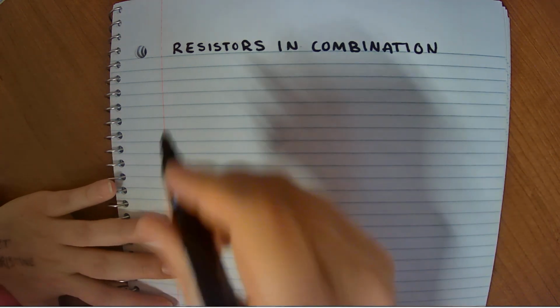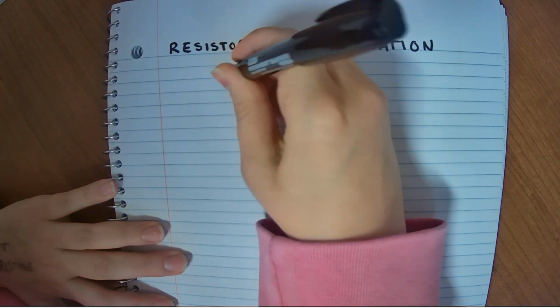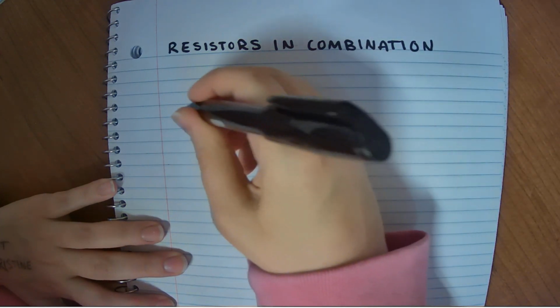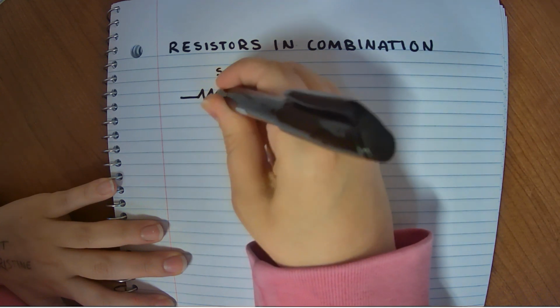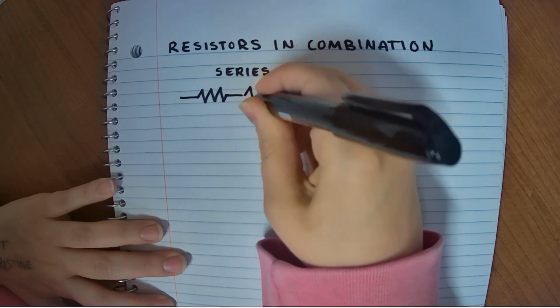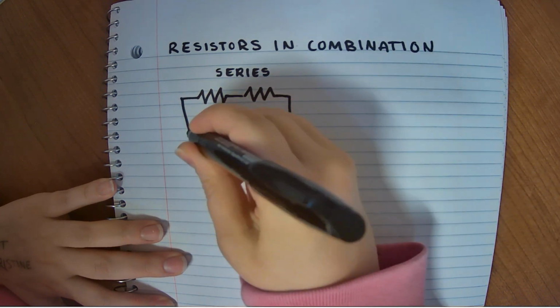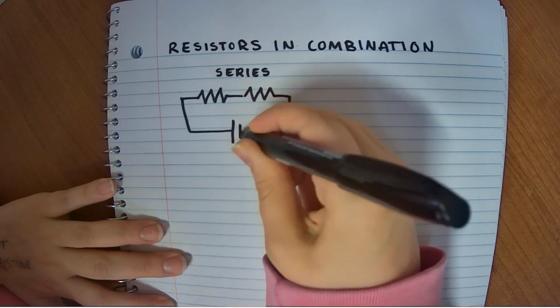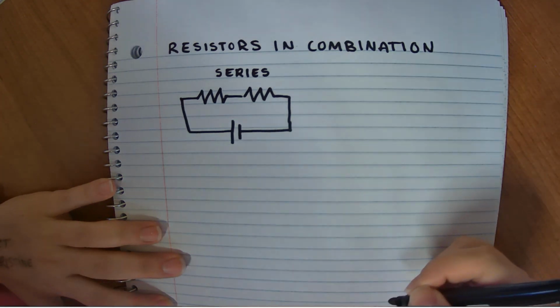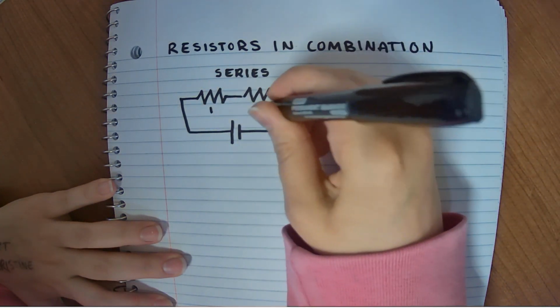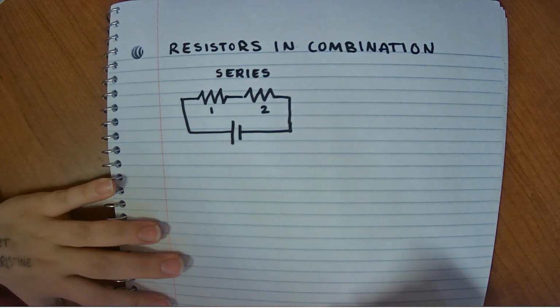So let's think about a series of resistors. A series is when we have two resistors that are in line with each other in a circuit. Now let's call this 1 and 2.